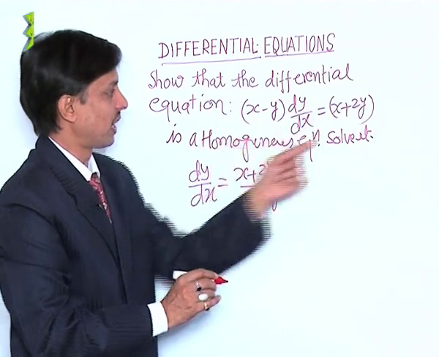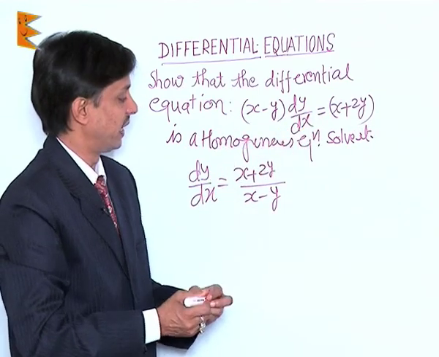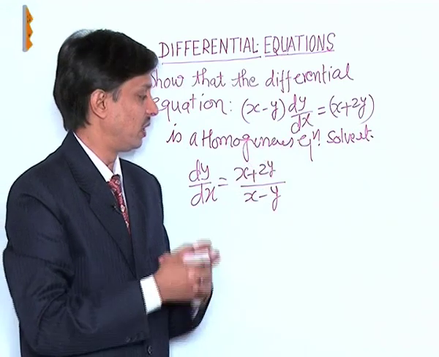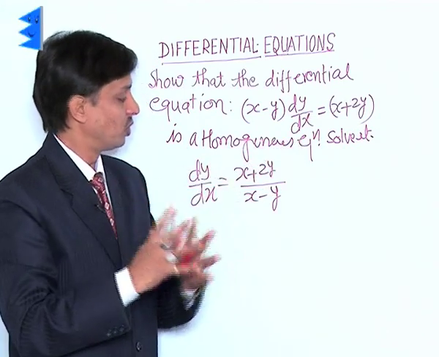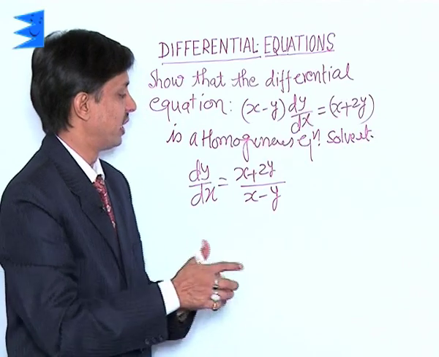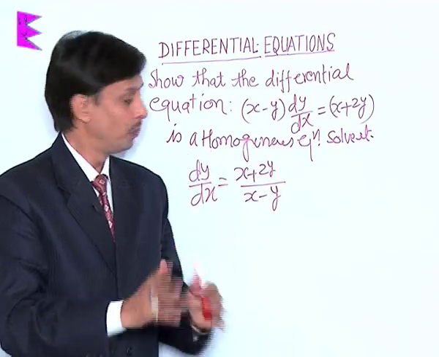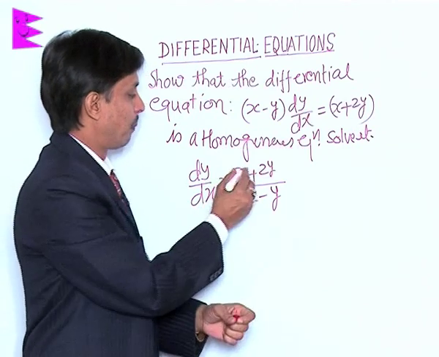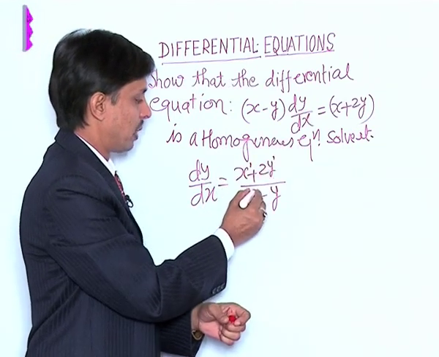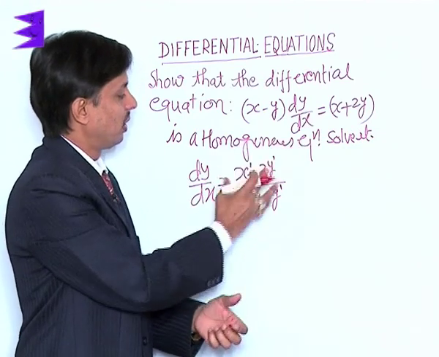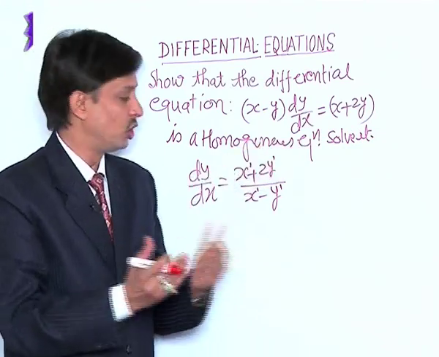From here, x minus y is transferred to the right hand side and takes the place of the denominator. To check homogeneous, as the word specifies, the degree of numerator and denominator should both be the same. So here the power is 1, 1, 1, 1. It is homogeneous. Net power, numerator minus denominator, is 0.